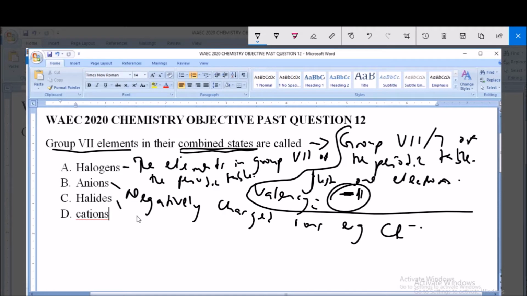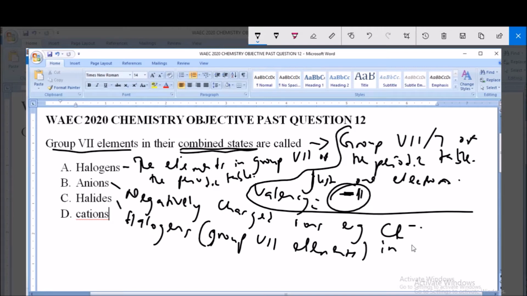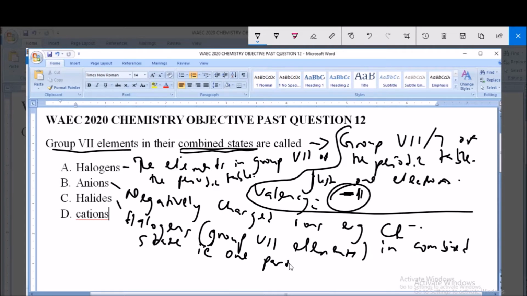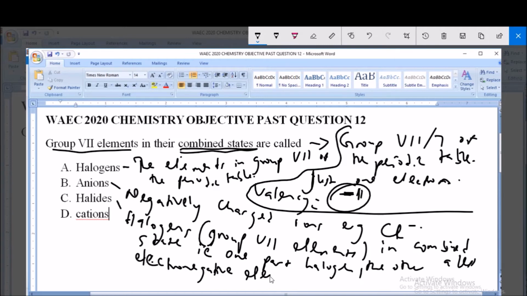Halides refers to halogens, that is group 7 elements, in combined states, for instance where one part is a halogen and the other a less electronegative element.